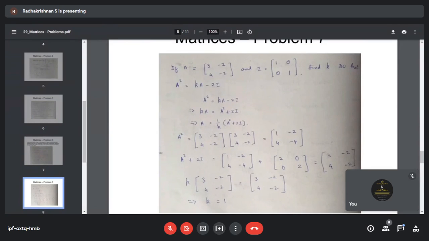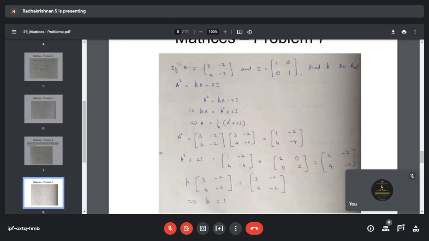So you calculate, sorry, A squared equal to kA minus 2I. So kA equals A squared plus 2I. We calculate it, and like was just said, A squared plus 2I you get again as [[3, -2], [4, -2]], which is the same as A. So k times [[3, -2], [4, -2]] is equal to [[3, -2], [4, -2]].